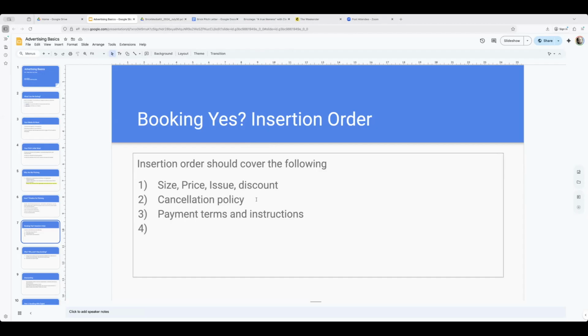Make that as easy as possible. Ideally, you identify somebody in the office who's there and will answer their phone, who can take a credit card number. Maybe some of you have payment portals on your website. I know some publications have been able to modify their payment portal to a drop down where instead of buying a subscription, you're paying an ad deposit.